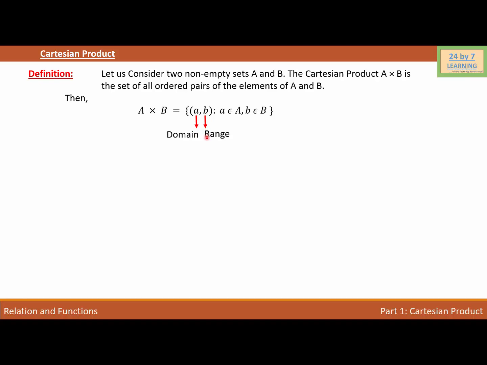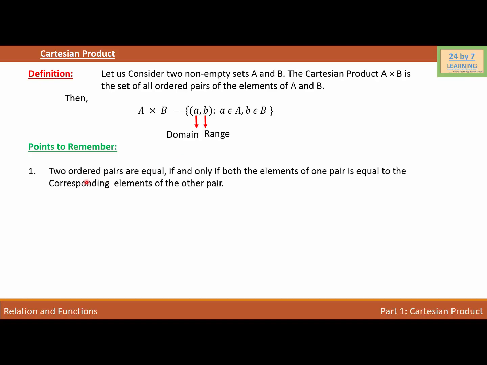Let's consider some properties that we need to remember for the Cartesian product. The first point we need to remember is that two ordered pairs are equal if and only if both the elements of one pair are equal to the corresponding elements of the other pair.